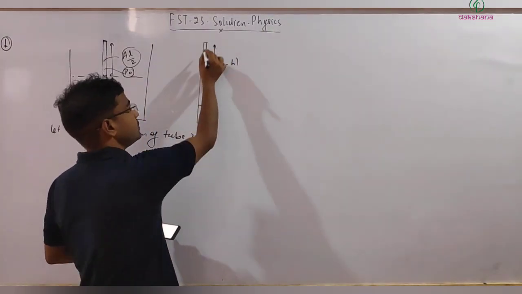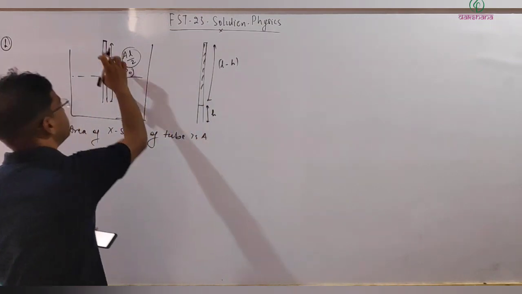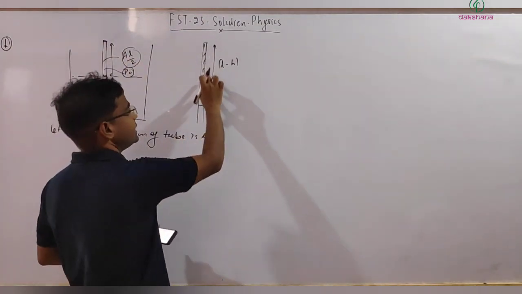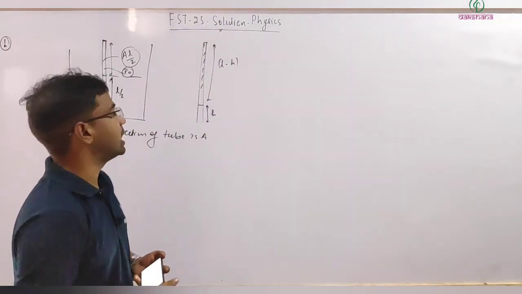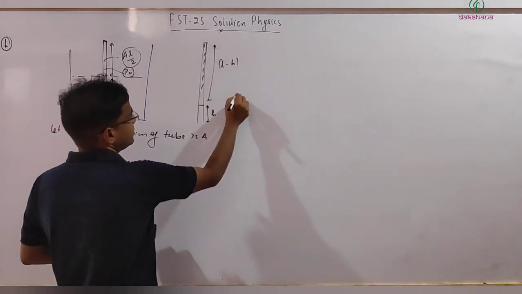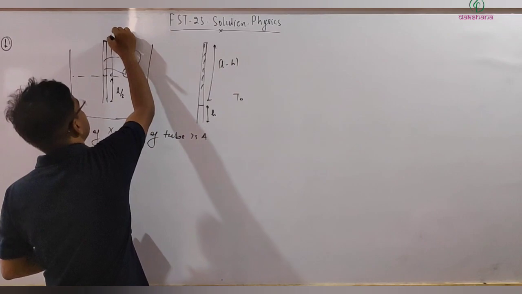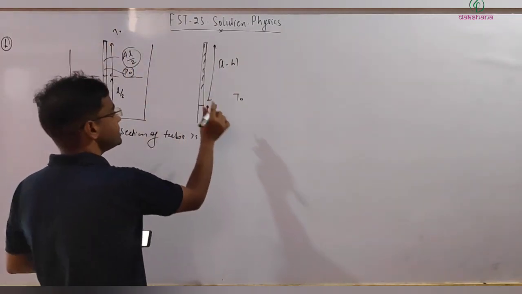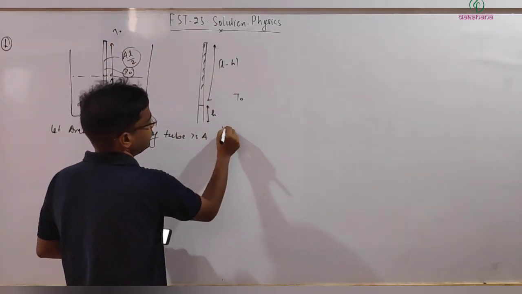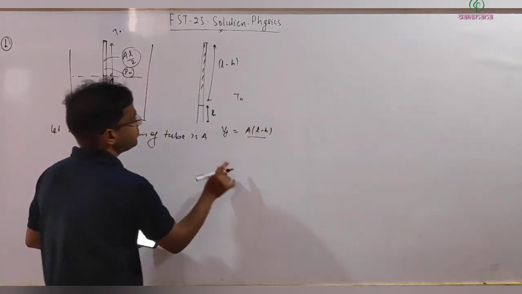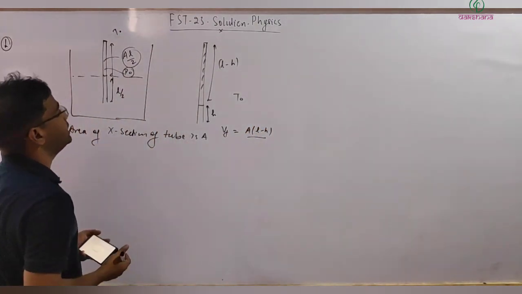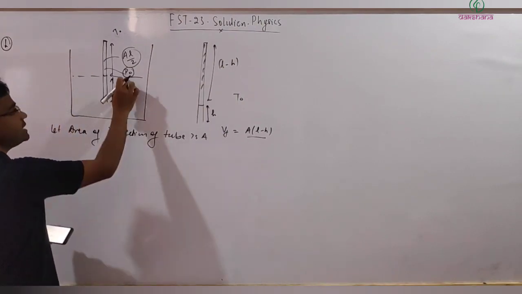The air has expanded from this length to this length, and the problem mentions that temperature is kept constant, so I will take it as T naught, constant. Now the final volume V final will be A multiplied by L minus h. V initial we already have as A into L by 2, and the pressure initially is P naught.